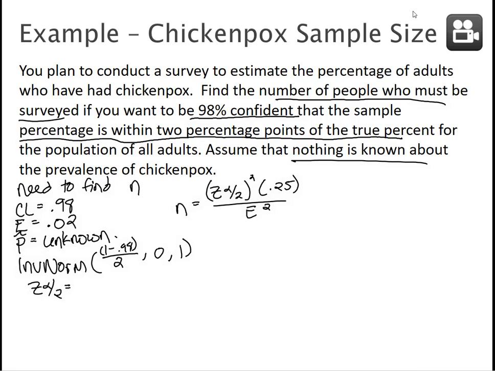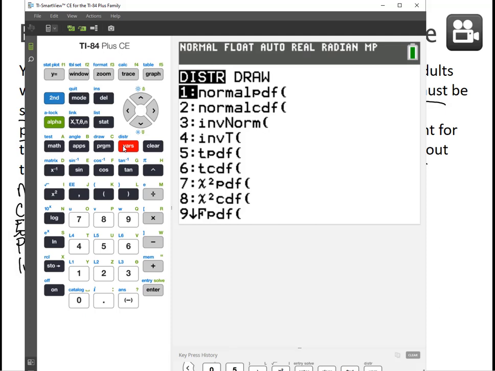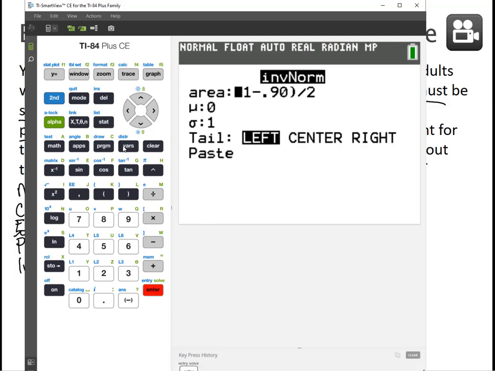All right, so now I need to put this into my calculator. Since it may have been a while since you have used that inverse norm function all the way back in chapter 6, let's go ahead and review where to find it. So I'm going to hit second vars, and then inverse norm is the third option in that list under the distribution menu. So I tab down 3 times or hit the number 3 on my calculator to get to the inverse norm function.